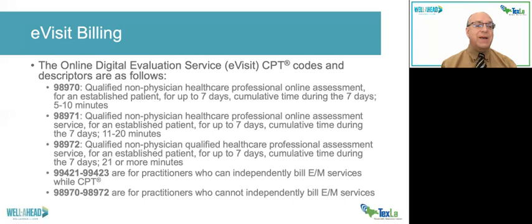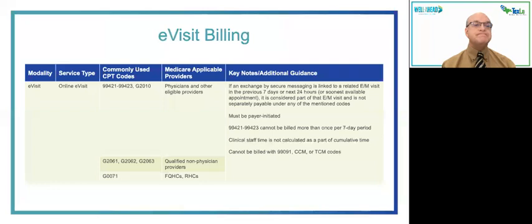And then 98970 all the way to 98972 are for practitioners who cannot independently bill for E&M services. So looking at specific e-visits, this top area here where you have online e-visits, that's that 99421 to 99423.